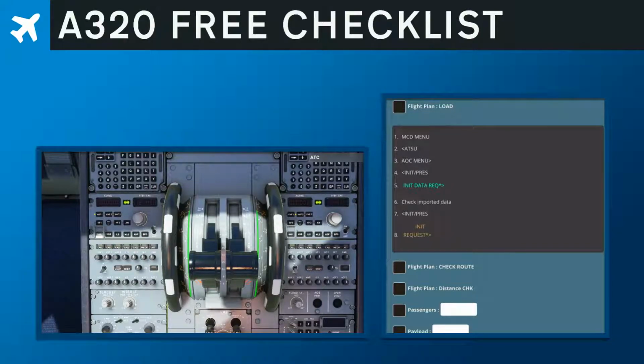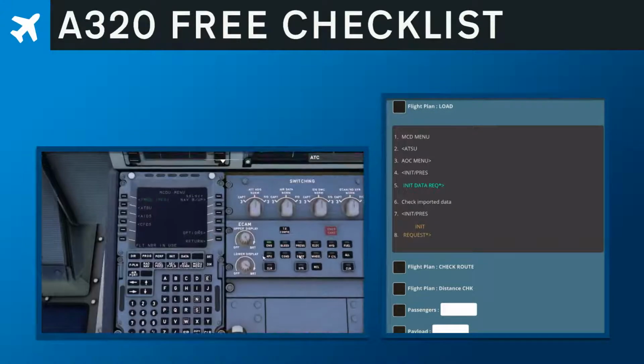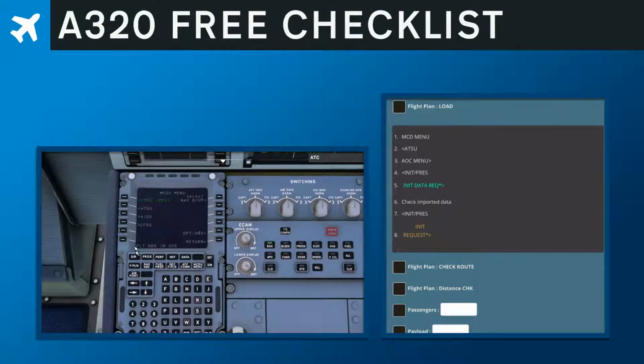All right, so back with you, and now we're going to set up basically the MCDU and work our way through bringing the flight plan to life. So we're basically going to check, let's go back to the MCDU, and we need to first of all check, where are we?